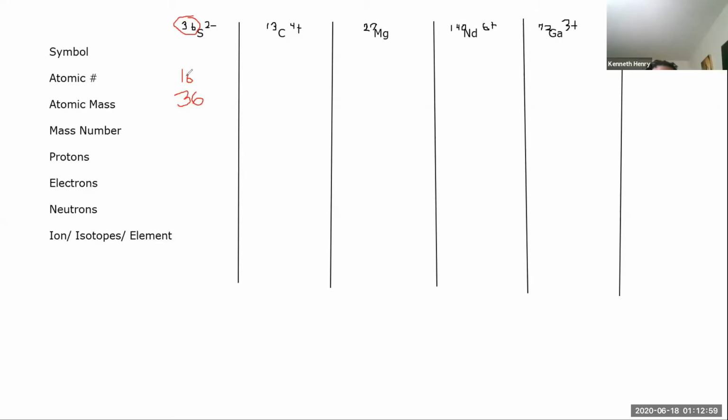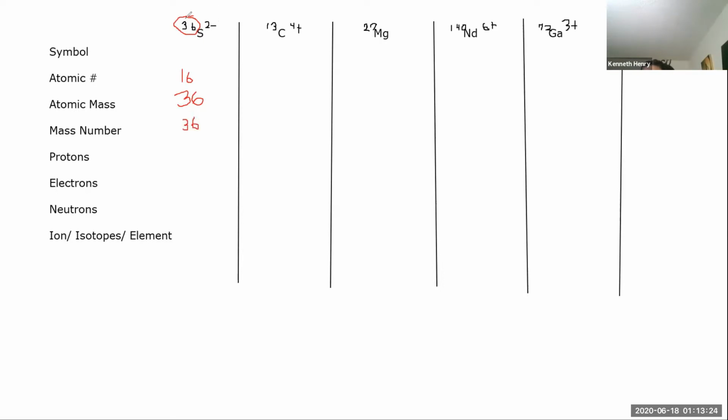It tells us the element. That's correct. Okay, so let's talk about the mass number. What's the mass number? 36. How'd you get 36? The number on top? That's right. The number on top is called your mass number.